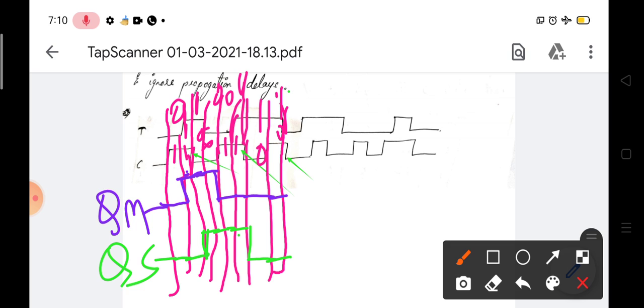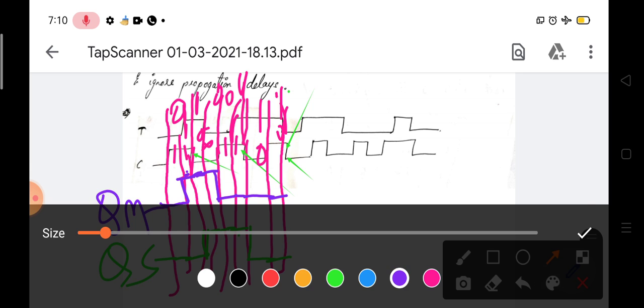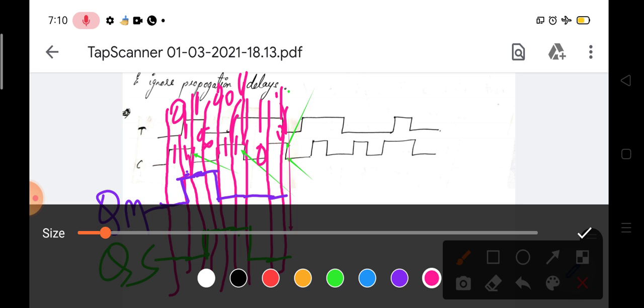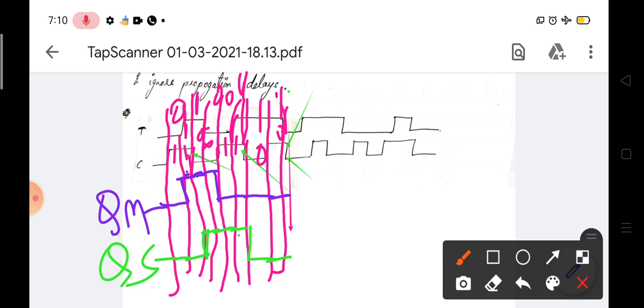At this point T has become 0, and the clock becomes 0. What happens? My output will follow the previous state. So this state continues here, this being 0 and this being 0.